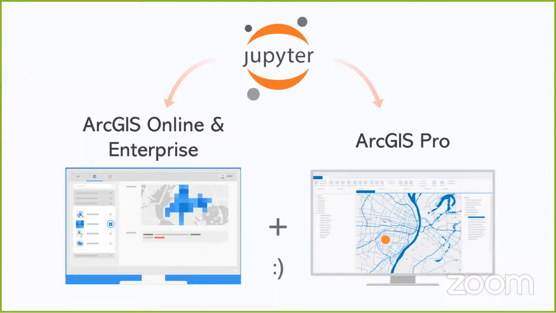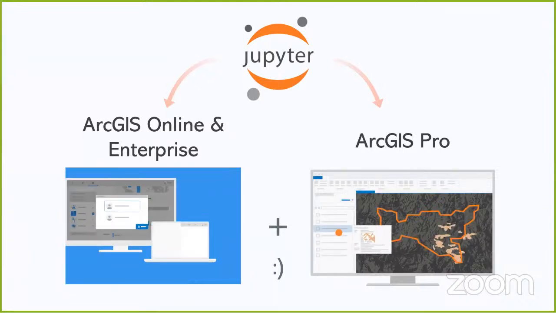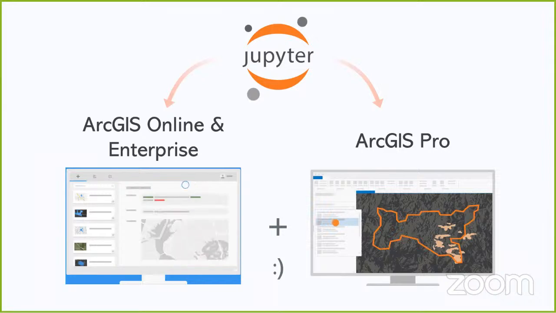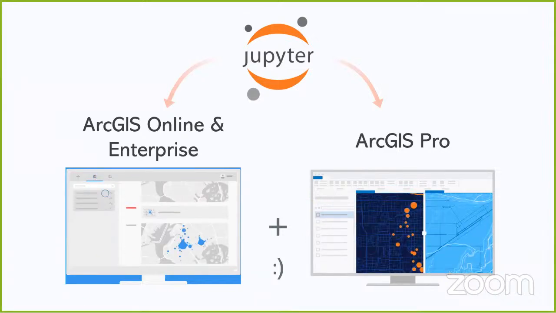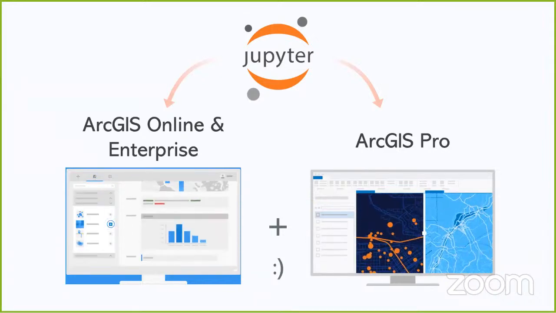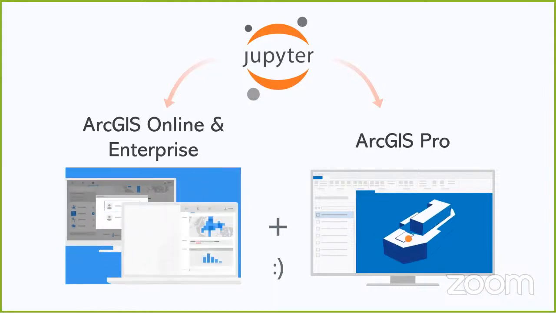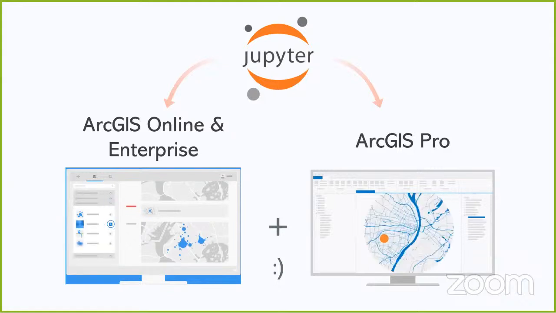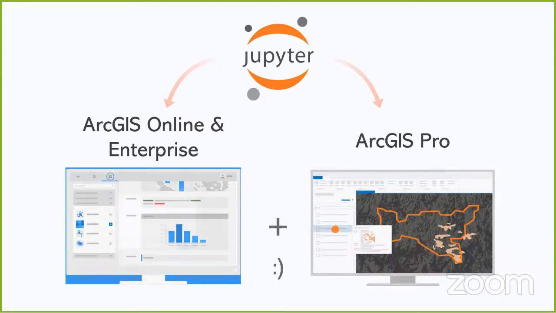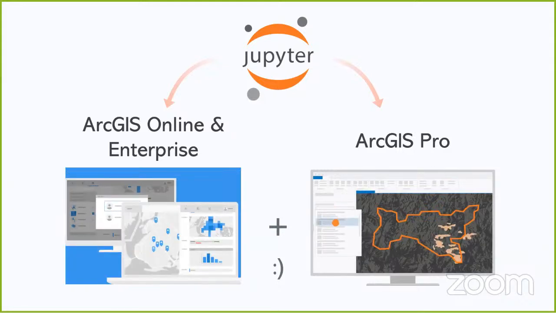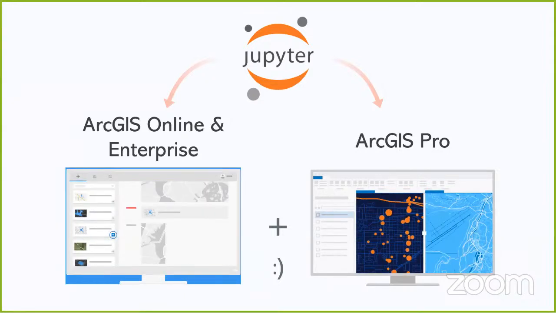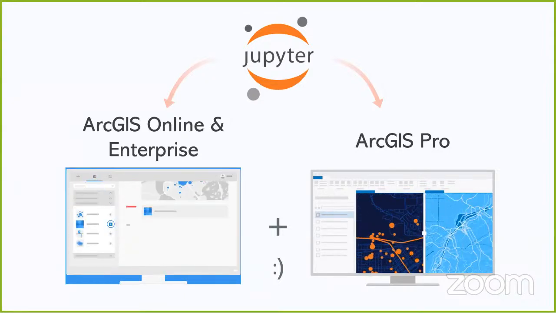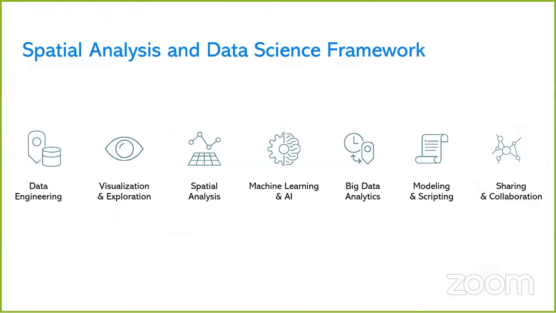Maybe you work for a university and we have some data sets that are being updated every month. You want a script to update that. You can use your ArcGIS Online or ArcGIS Enterprise notebooks, and so on and so forth. So use these interchangeably, use them together in a way that they complement each other instead of having to choose between the two.